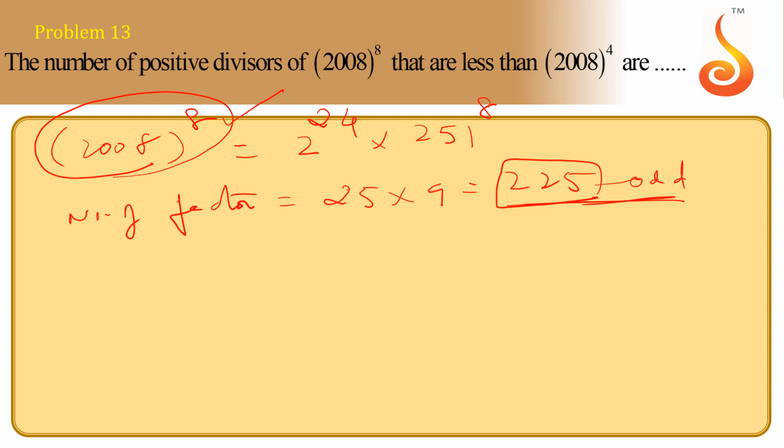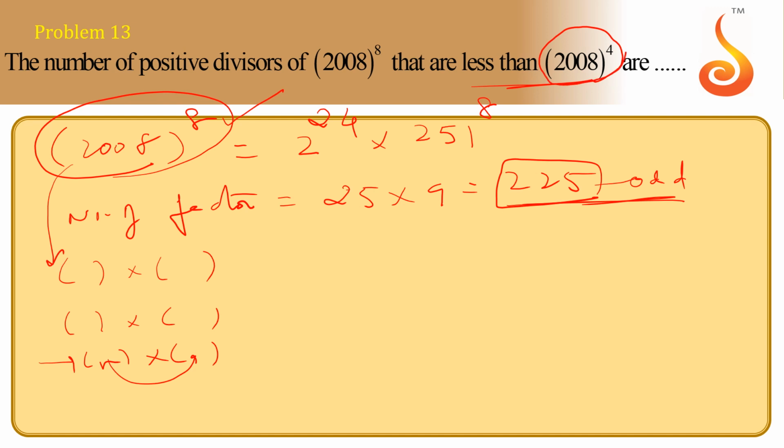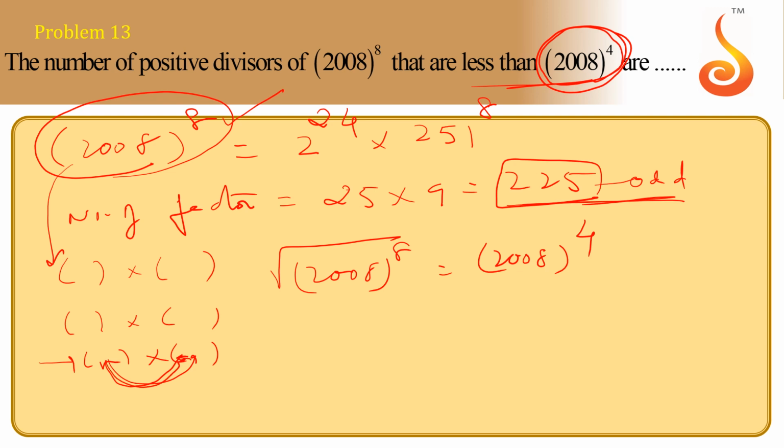So what will happen if you split this 2008 whole power 8 as a product of 2 numbers exactly at one place, these two numbers will be equal, and they are asking less than 2008 whole power 4. Means the square root of 2008 whole power 8 will be 2008 whole power 4. This is the way we are writing, both are equal to 2008 whole power 4.